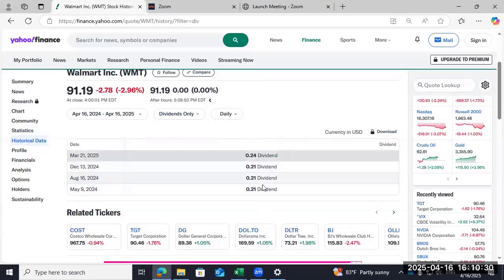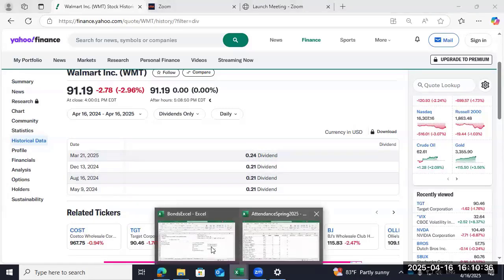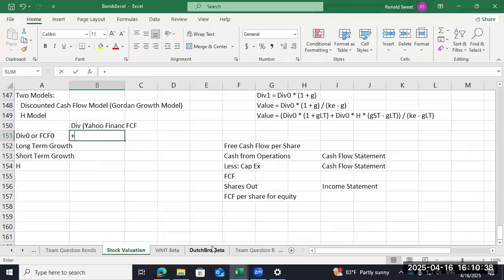You want the last 4 quarters, right? So 21 3 times and 24 1 time. And that's their dividend for the last year. So dividend 0 is what they paid over the last year.